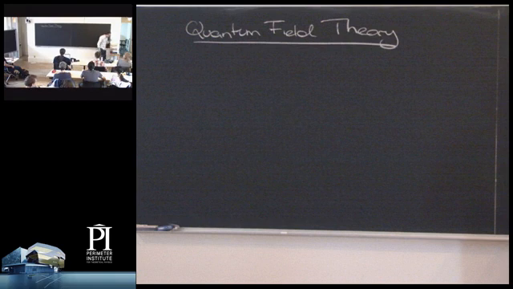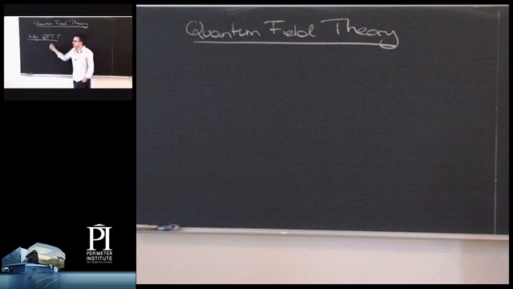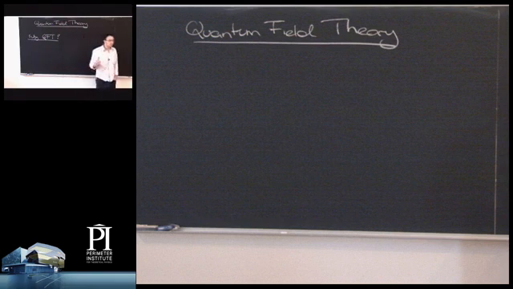Good. So let me start by telling you why this is the right way of thinking. So why quantum field theory? Okay, so there's a bunch of different answers to this. Firstly, there's a zeroth order answer, which is for the same reason that people introduced fields in classical physics. And that's because of locality.